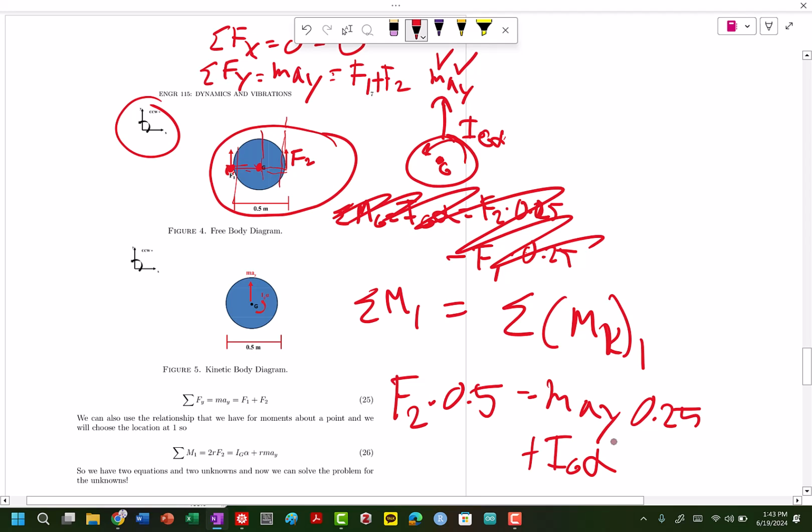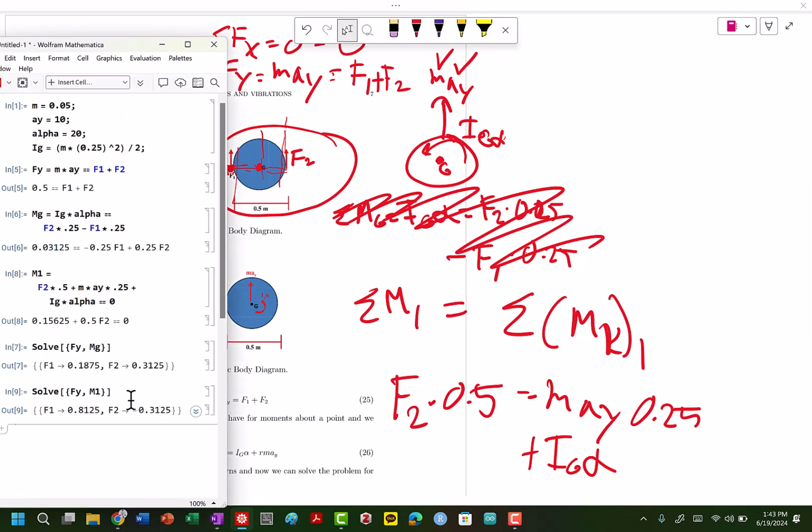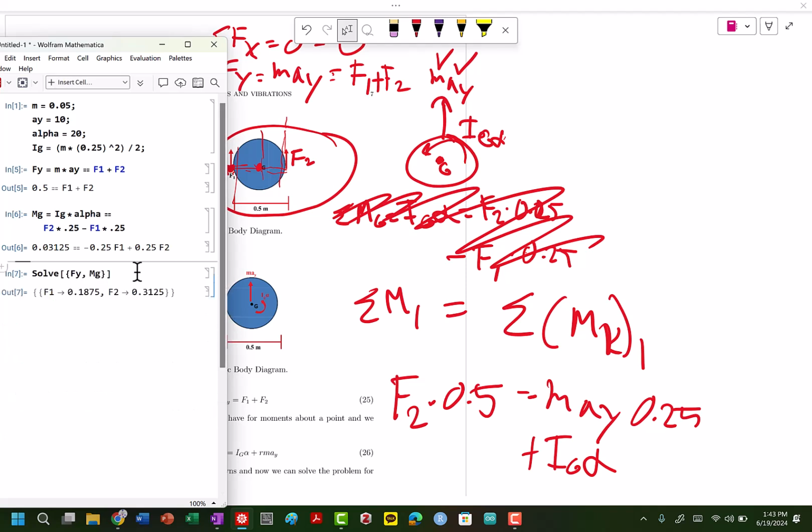You sum those about that point, and now we're able to solve our problem. So let me clear this. We had Mg, so let's have M1 now.